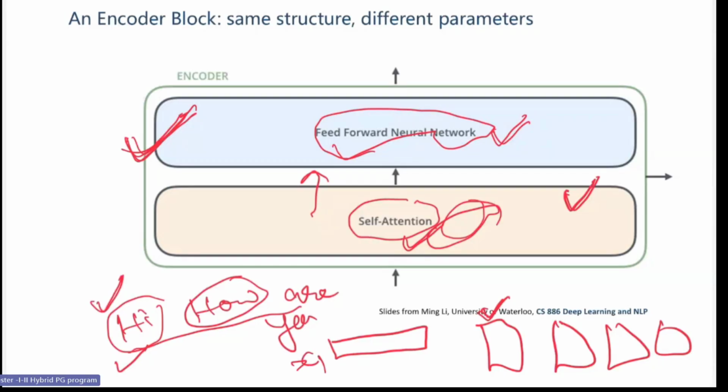So considering x1, suppose this is x1, you calculated the attention from every other vector for this x1 vector. And this we have seen using the correlation thing. And then you have defined the feature vector of this with respect to this, this, and this.